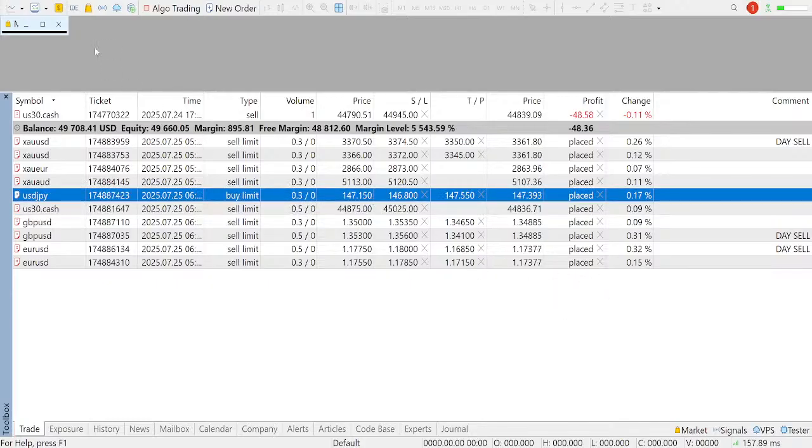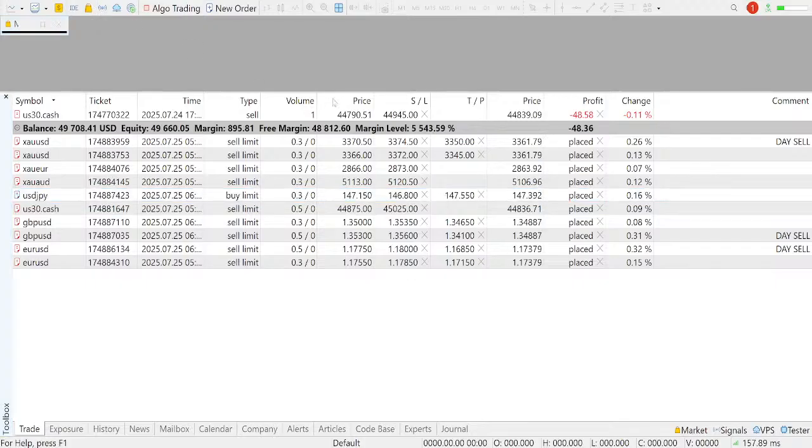That's the scalping entry, and the day trading entry, we are going to go for 47. Remember 47, and the volume will try to go slightly higher.